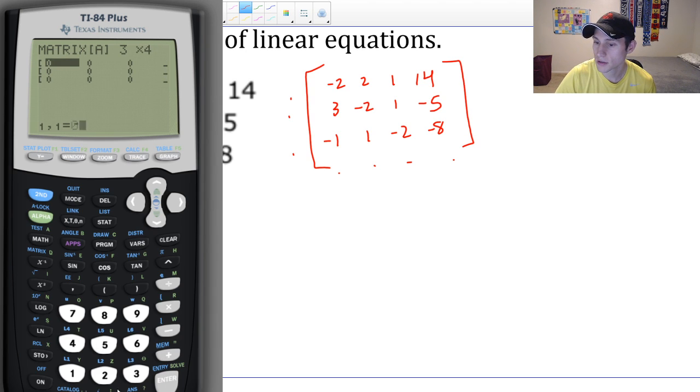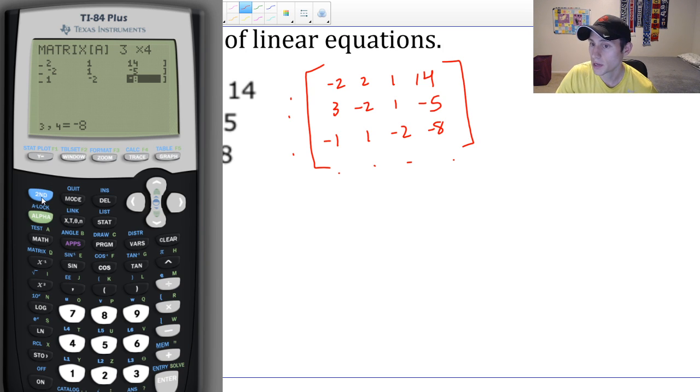And then we just enter in all those numbers: -2, 2, 1, 14, 3, -2, 1, -5, -1, 1, -2, -8. Okay?